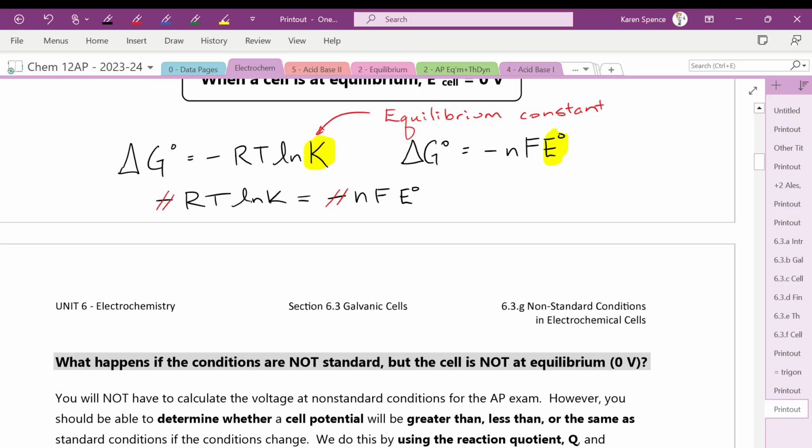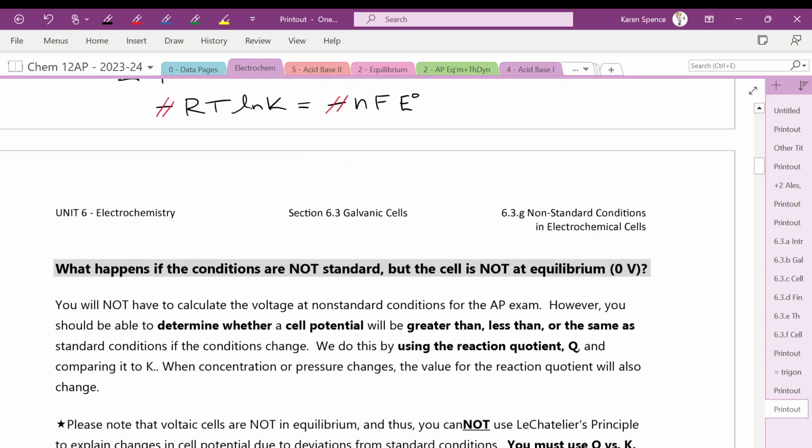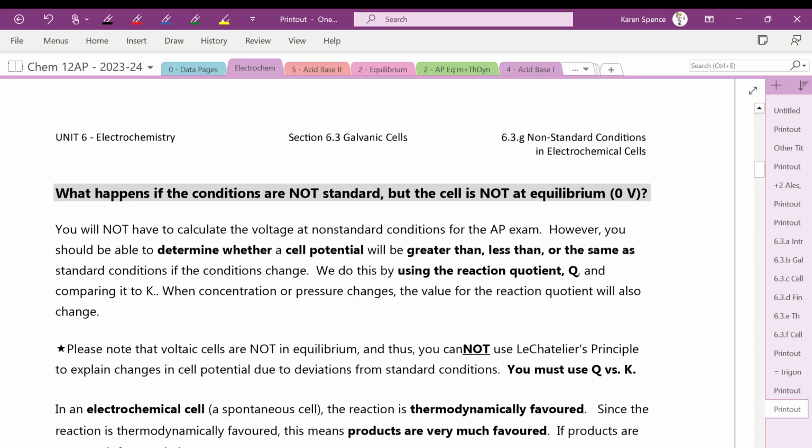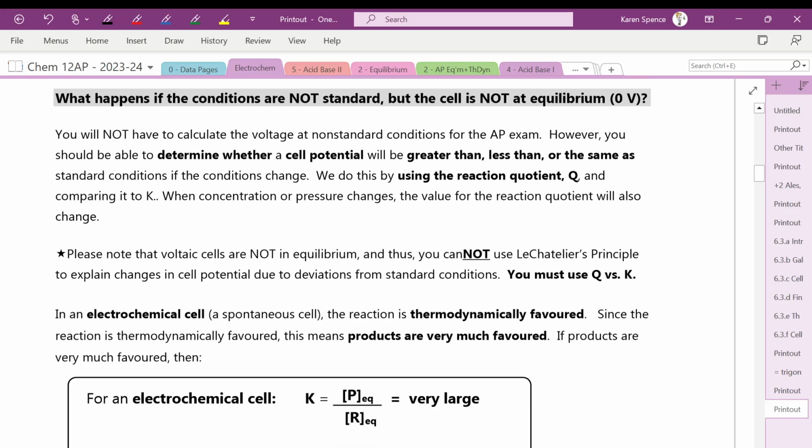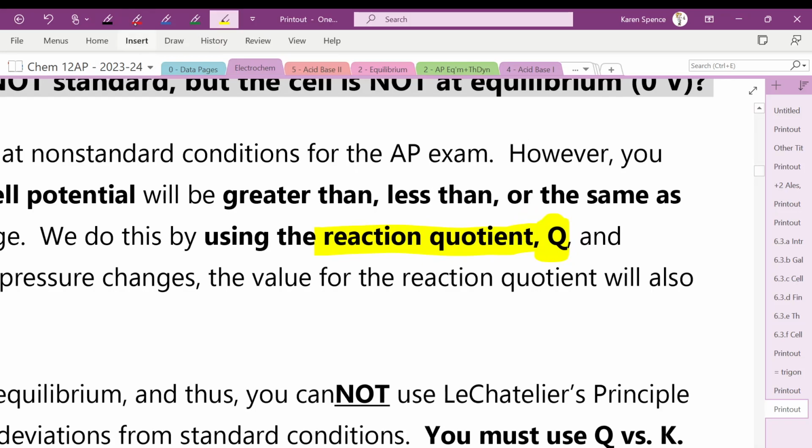Okay. All right. So what happens if the conditions are not standard, but the cell is not at 0 volts, so it is not at equilibrium? Well, it used to be that you would have to calculate the voltage and they gave you a formula for that. They don't ask you to do that anymore. So there is no formula for it. You don't have to worry about it. However, you will be using Q. And I don't know if you remember what Q stands for, but it is the reaction quotient.